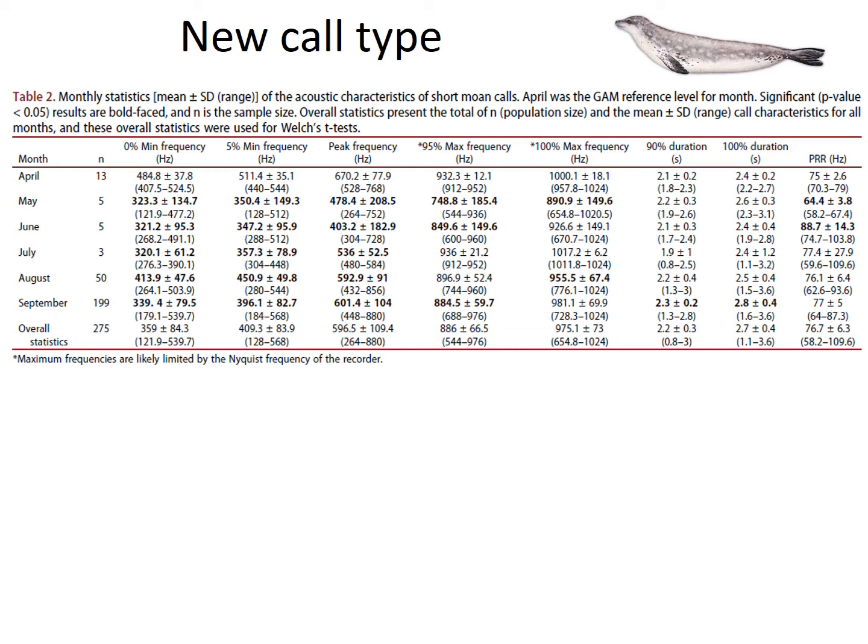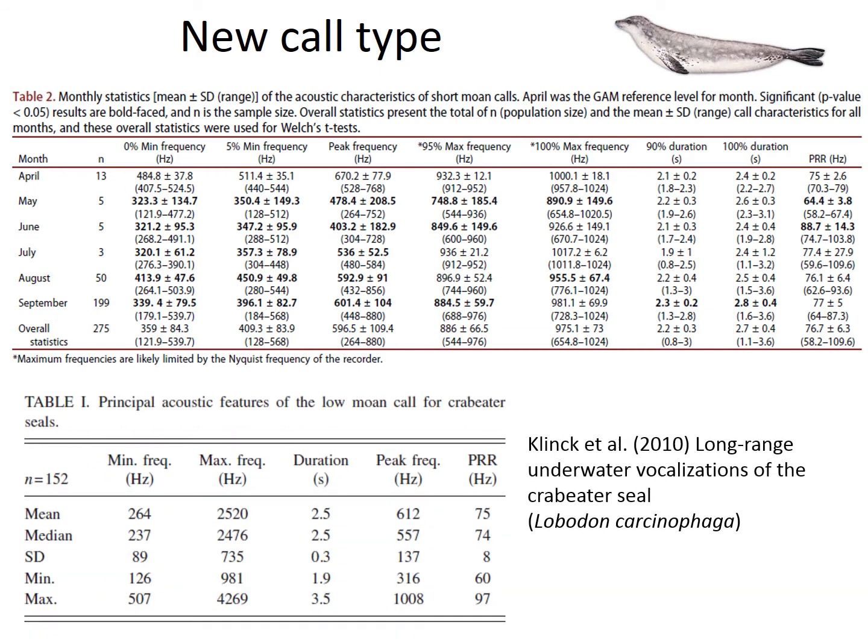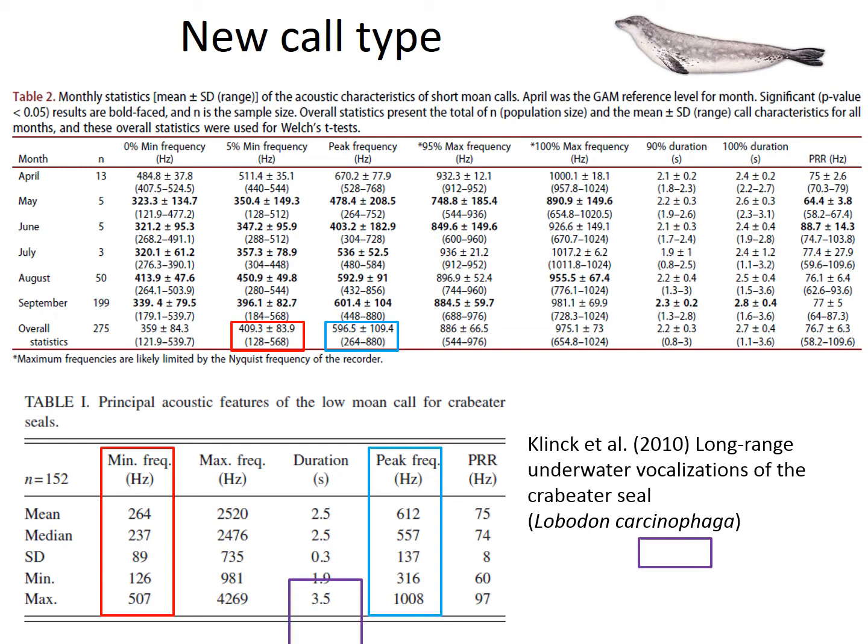So this is the description of my call type, and I compared it to what was found previously by Klinck et al. 2010, and we found a significant difference in terms of their mean frequency. Ours seemed to have a higher mean frequency. There was no significant difference in terms of the peak frequency, which indicated that the seals detected were of similar size, given that peak frequency tends to be correlated with seal size.